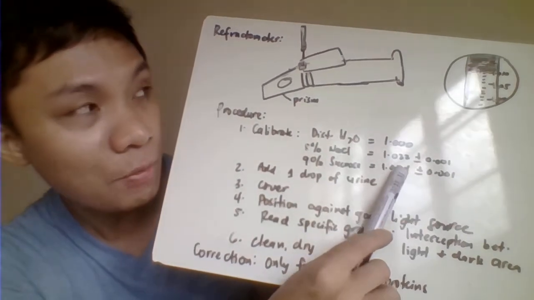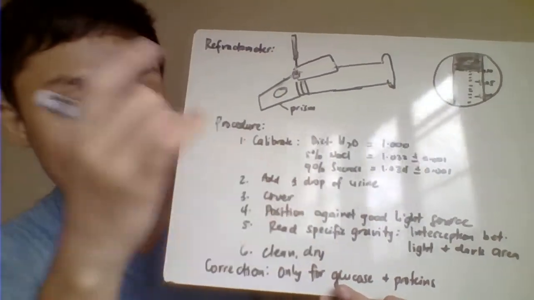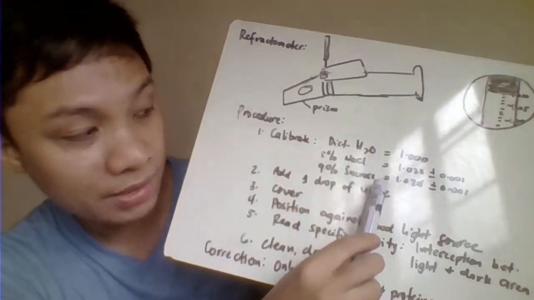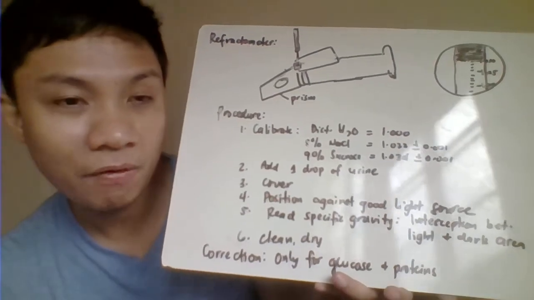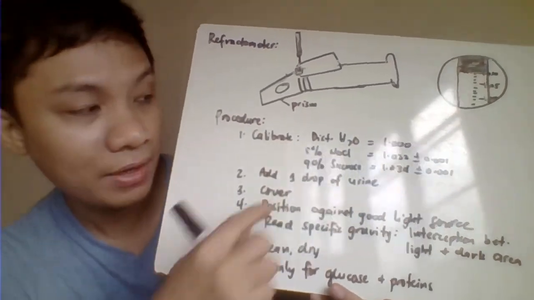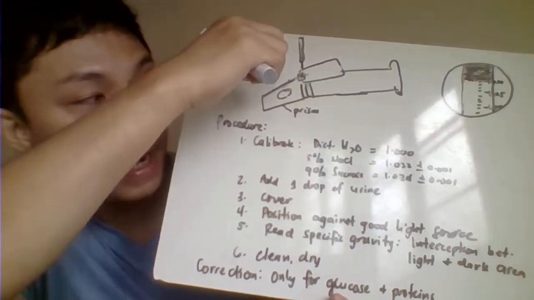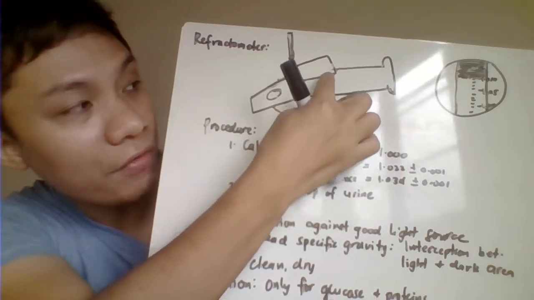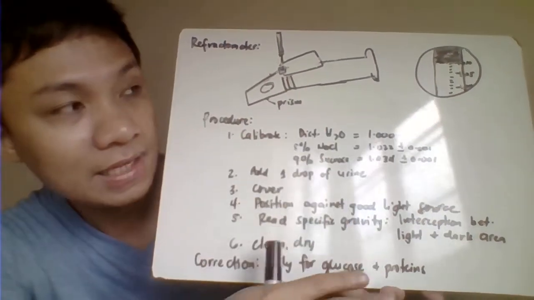If you did not get this, just adjust the screw so that it falls on the required or expected specific gravity. The procedure requires only a small volume of urine sample or calibrating medium. You just drop 1 drop here, then cover it with the cover, so the sample spreads.